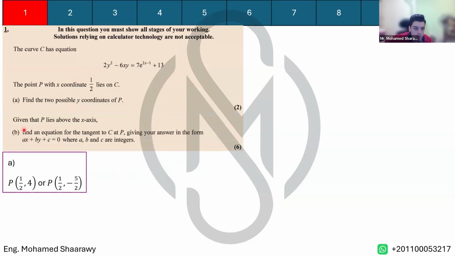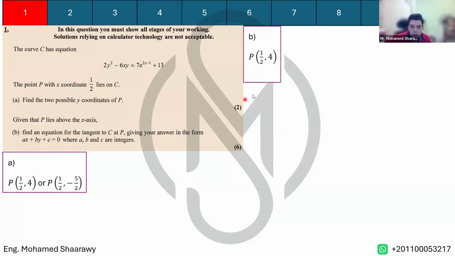Okay, in part B it says, given that P lies above the x-axis. Now it says that P is the one which lies above the x-axis. So I must use the y which has a positive y coordinate. So this will be the first one, which is (half, 4). And I need to use this for finding the equation of the tangent to the curve at this location.